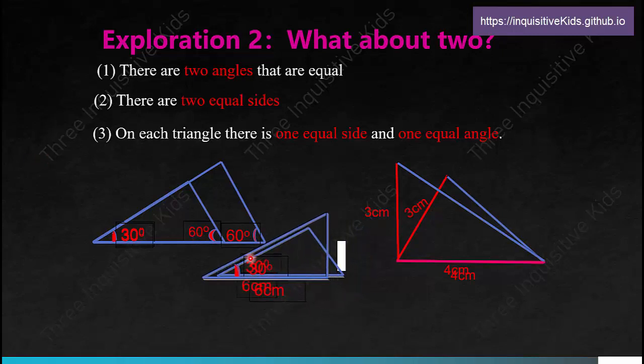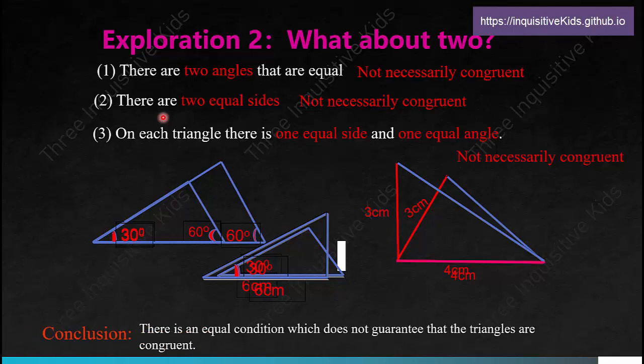Here we have another triangle. It also has 30 degrees as the degree of one angle and 6 centimeters as the length of another side. But they're also not congruent. So these 3 are all not necessarily congruent. Sometimes they can be congruent, but it's not guaranteed. The same conclusion: an equal condition like this does not guarantee that the triangles are congruent.